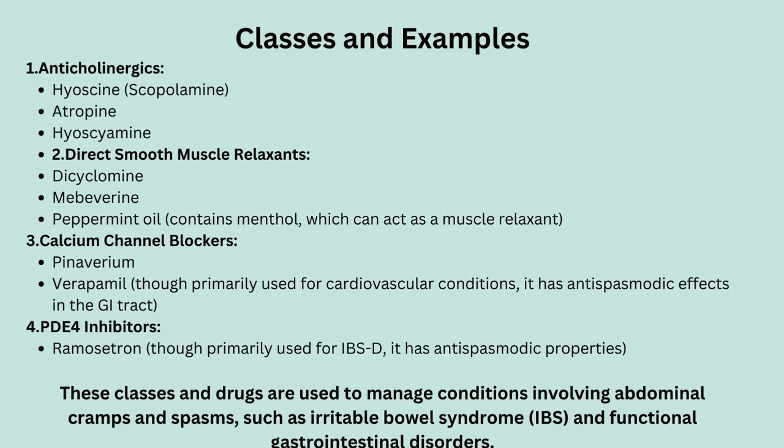Direct smooth muscle relaxants: dicyclomine, mebeverine, peppermint oil. 3. Calcium channel blockers: pinaverium, verapamil. 4. PDE4 inhibitors: ramosetron. These classes and drugs are used to manage conditions involving abdominal cramps and spasms, such as irritable bowel syndrome, IBS, and functional gastrointestinal disorder.